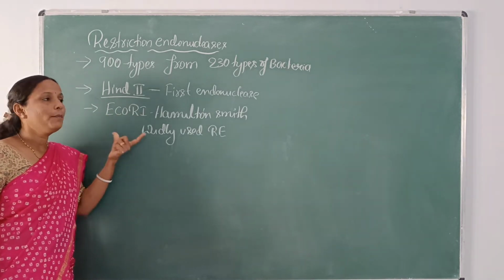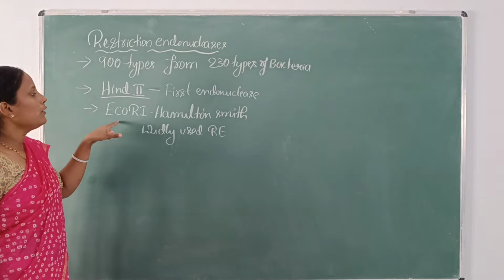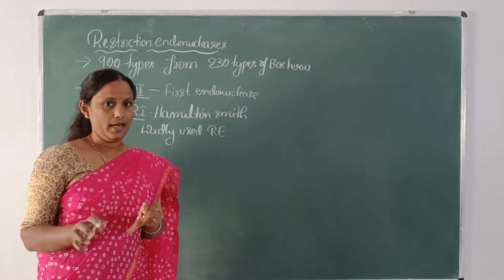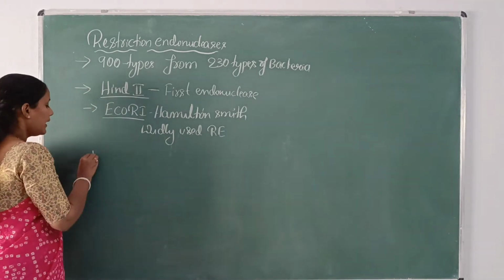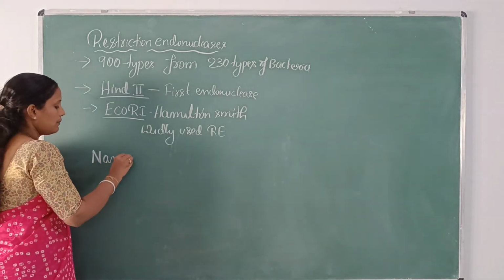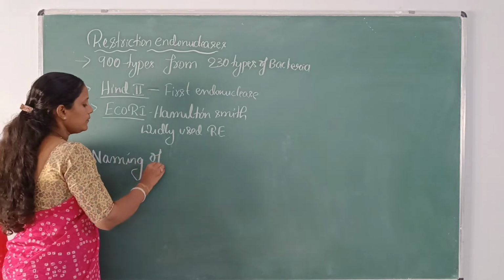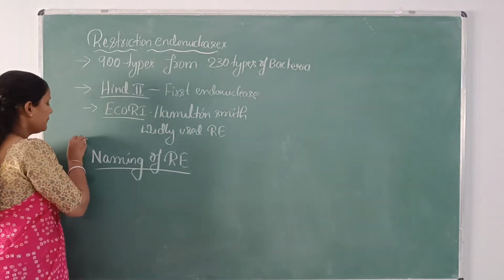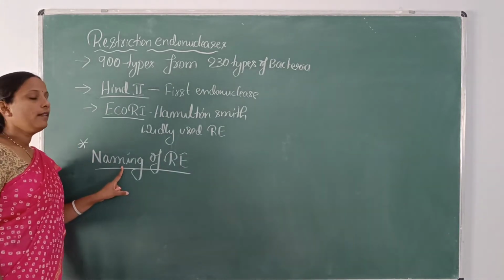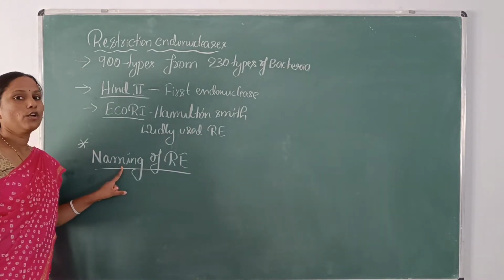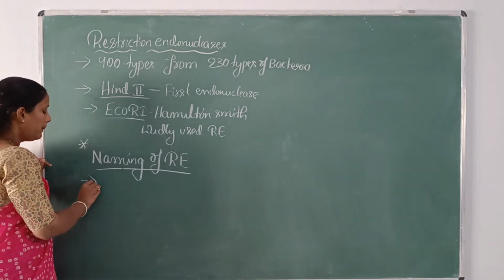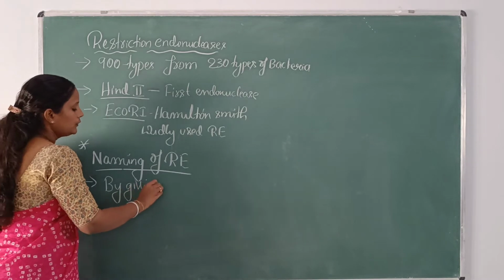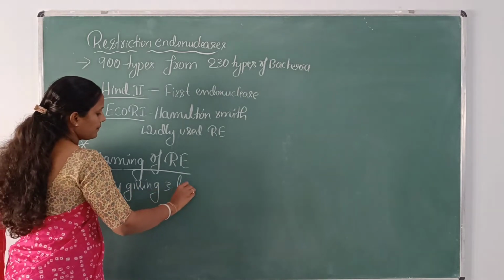And if you observe here, the naming of restriction endonucleases is quite different. The naming of restriction endonucleases is very important. It is done by giving 3-letter codes.